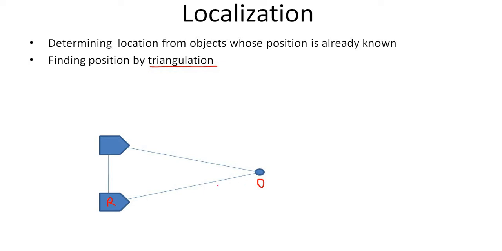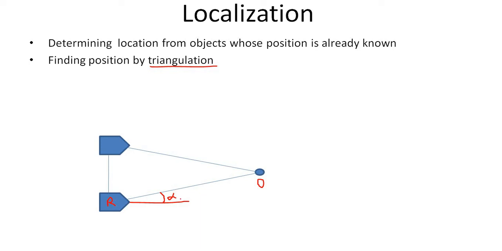So in this case we use the triangulation principle to calculate the location of this robot with respect to this object. How does it work? We have some other sensors that can sense this angle, let's say this is alpha. It can be a camera that can see at what angle this object is located from the central axis of the robot.